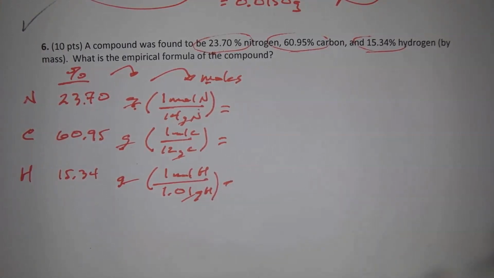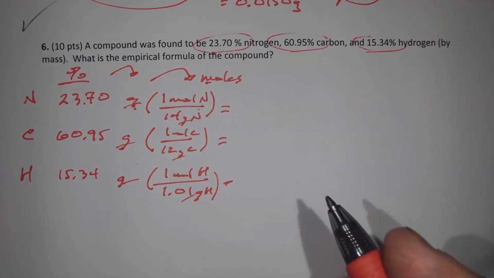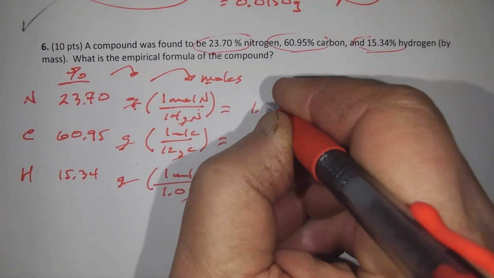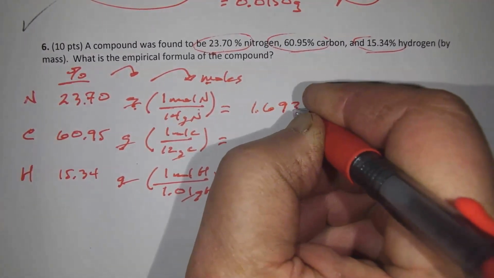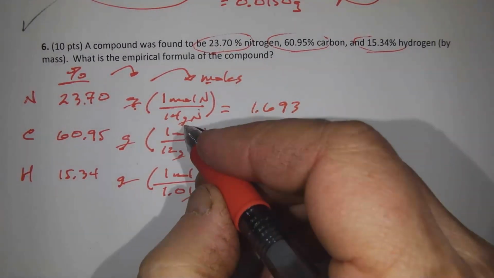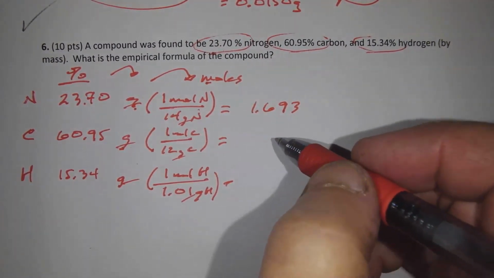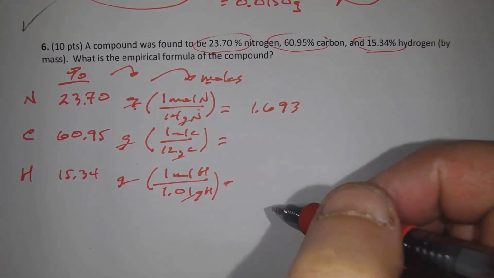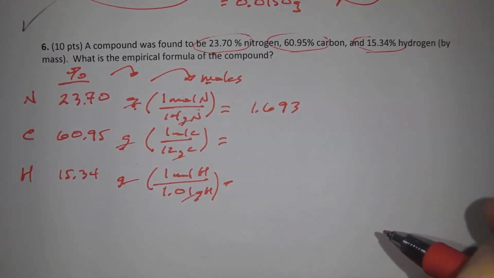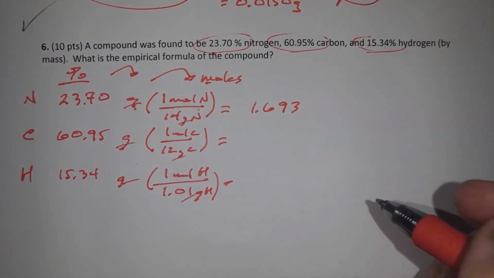So doing that for nitrogen, if I have 23.7, I'm going to divide that by 14, I'm going to get 1.693. That might be excessive sig figs, depending on what that 14 is worth, but it's important that we keep as many sig figs as we can, and maybe even bend the rules a little and keep extra.